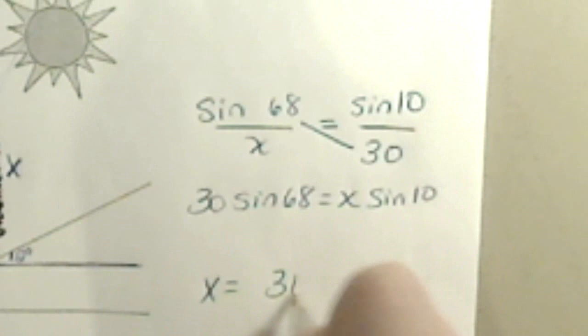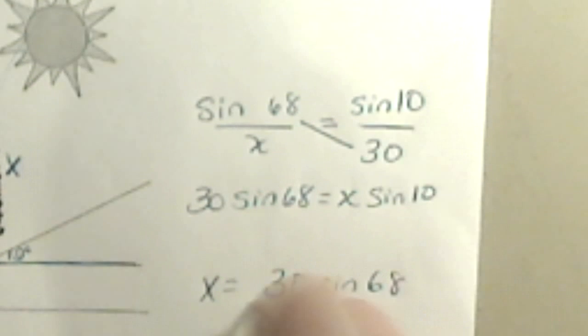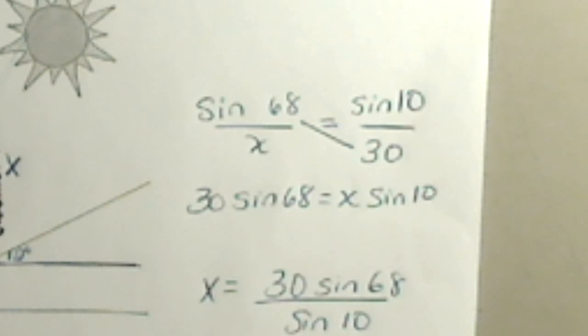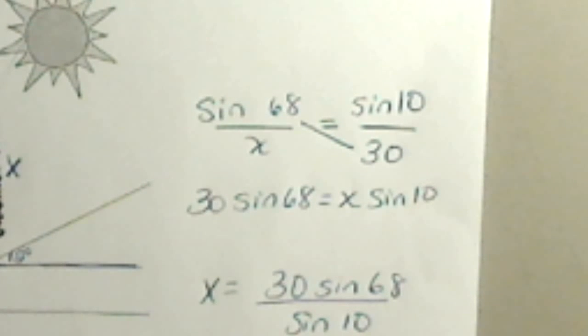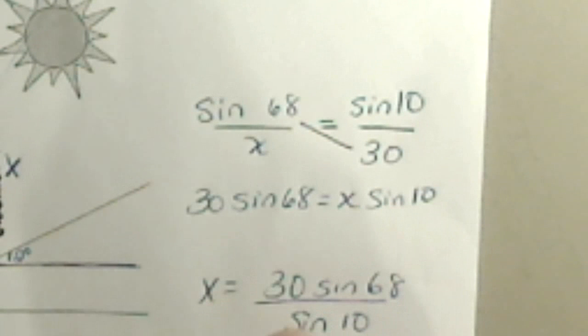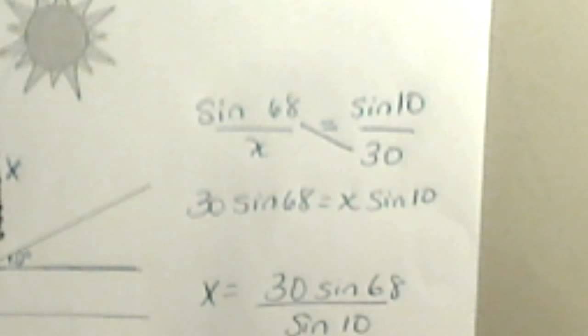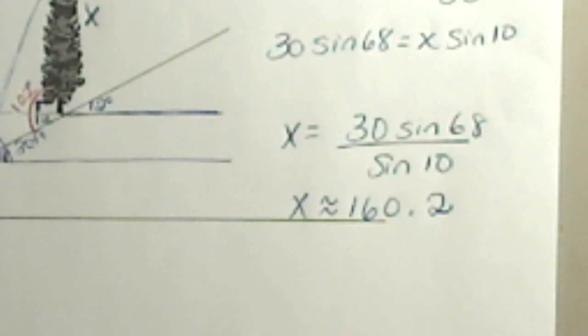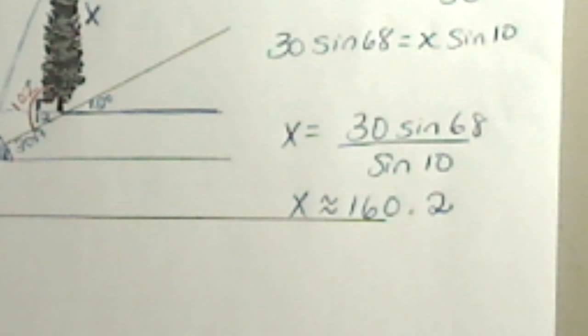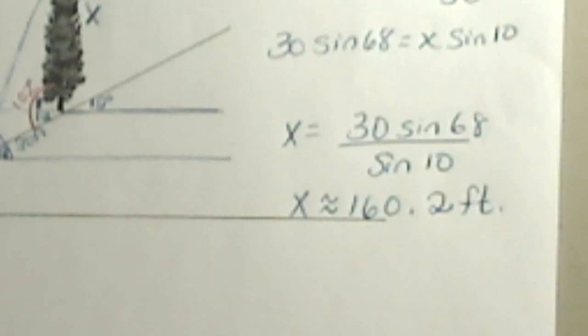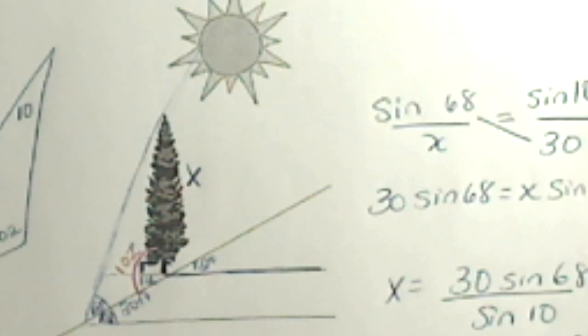So x is equal to 30 sine 68 over sine 10. When you multiply and divide that in the calculator, x is about 160.2. It's really 160.18, but that's 160.2 feet rounded to the nearest tenth. And that's the tree on a hill problem.